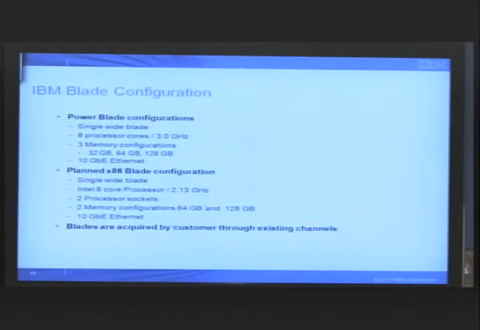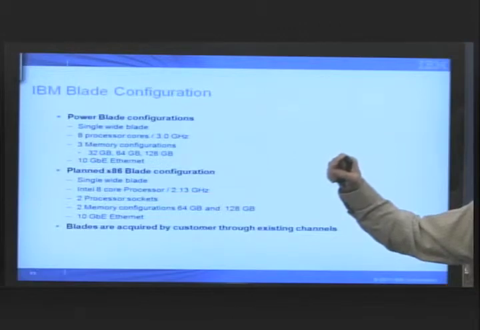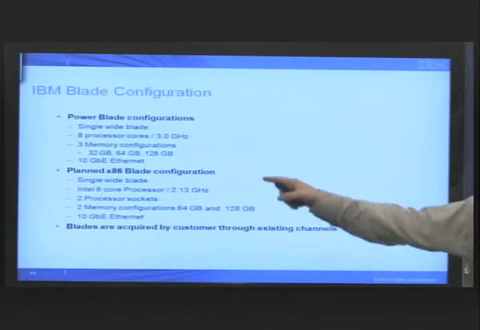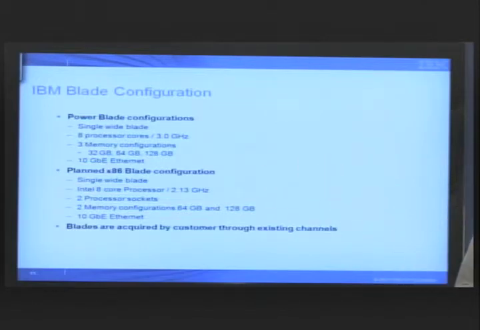The blade configurations that we support for Power are single-wide blades, 8-core, 3 gigahertz, and they come in 3 memory configurations, up to 128 gigabytes. They have the 10 gigabit Ethernet to tie into the intra-ensemble data network.